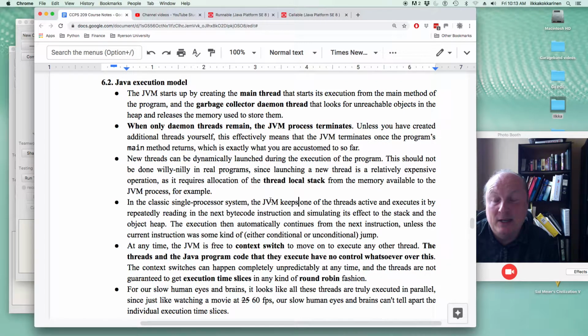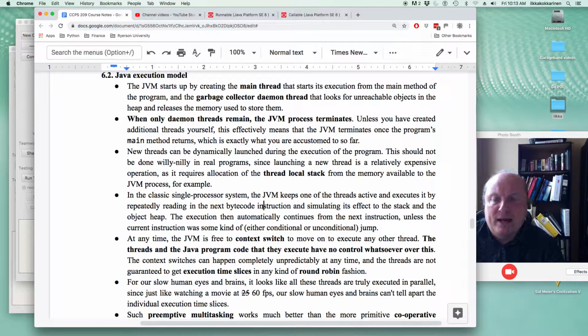But if the current instruction is some kind of conditional or unconditional jump, then the instruction has the effect of jumping to that part of the machine code. Now it's important to realize that at the Java level, you cannot affect which is the currently active thread, and how many instructions the virtual machine is going to execute it before it decides to make a context switch.